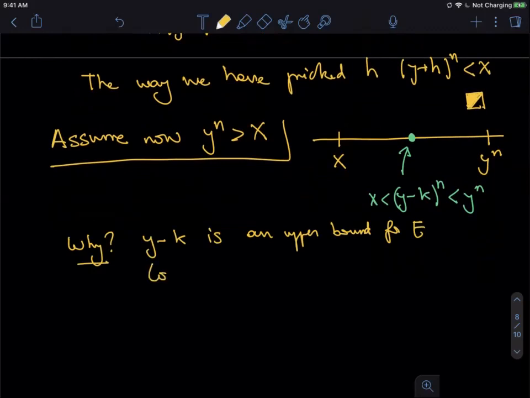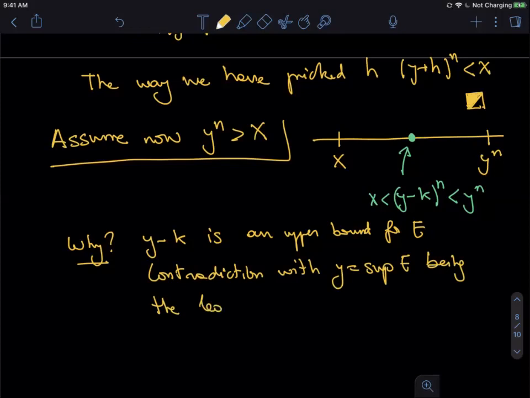Okay, so that's a contradiction with the supremum of e, which is y, being the least. This has to come up somewhere, okay? The least upper bound. And here the problem is that y minus k is strictly smaller than y. So we have found another upper bound that is smaller than the least upper bound. That cannot be.